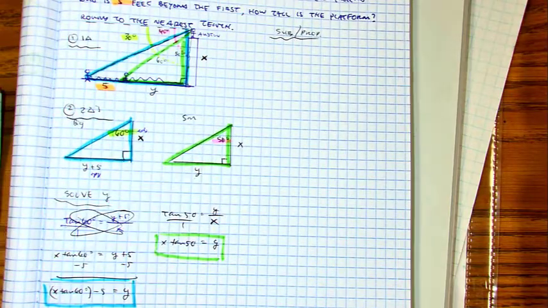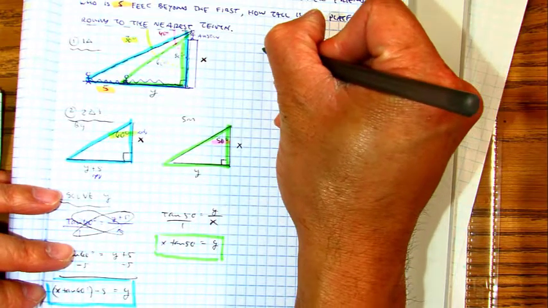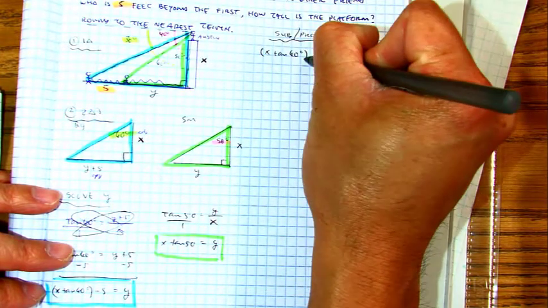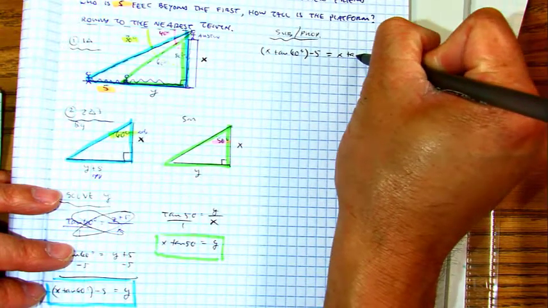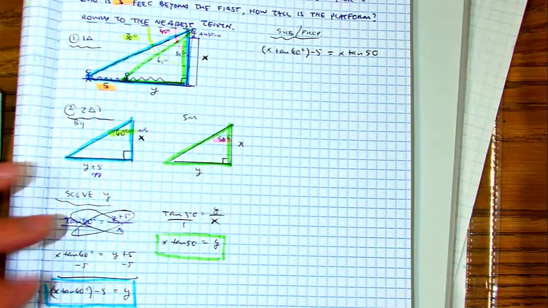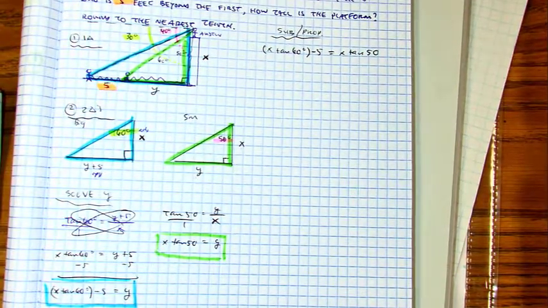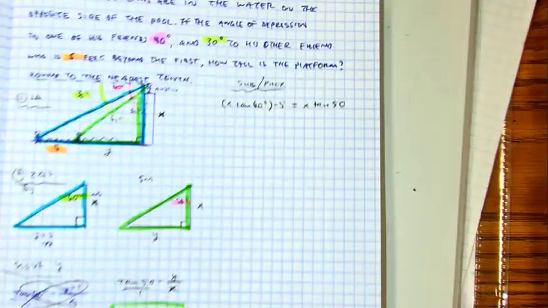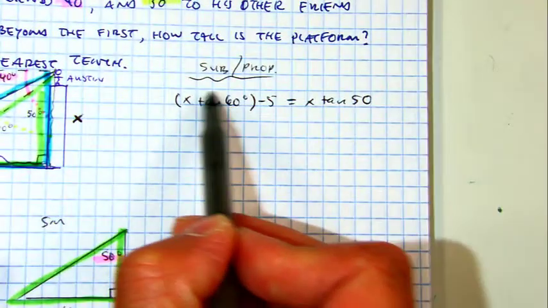Let's do the substitution. So if I set these equal to each other, I get x tangent of 60 minus 5 equals x tangent of 50. My goal here is to solve for x. So let's go ahead and do that. Remember now, this is by subtraction: this expression minus this expression.